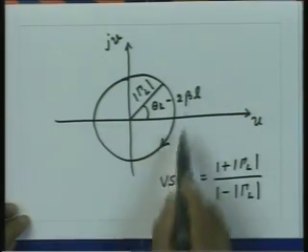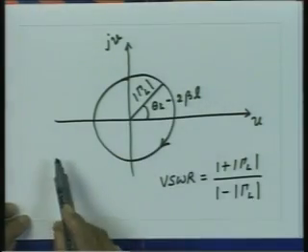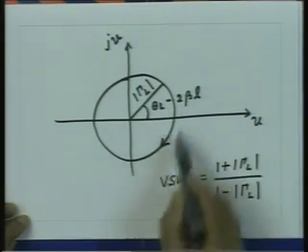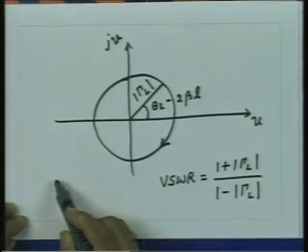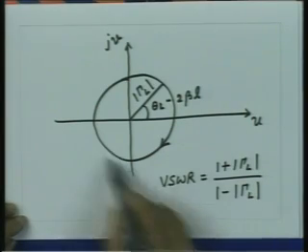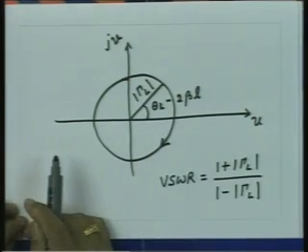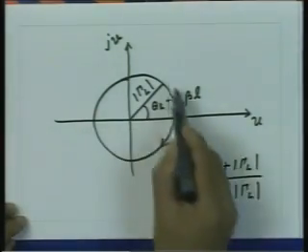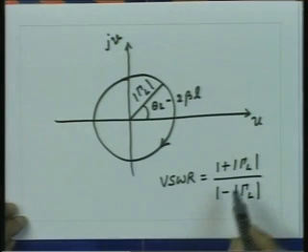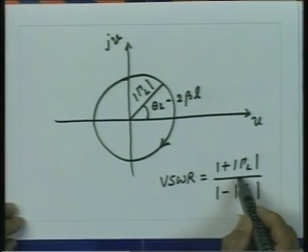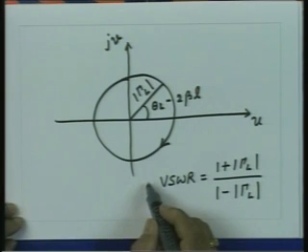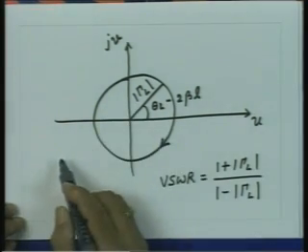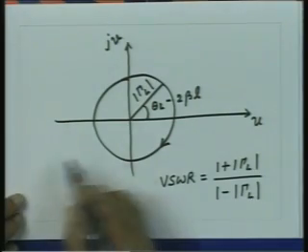So, for any point on this circle, VSWR is the same because mod gamma L is the same. You take any impedance which lies on this circle, its magnitude of reflection coefficient will be the same, and that is the reason its VSWR will be the same. Consequently, we call these circles the constant VSWR circles.